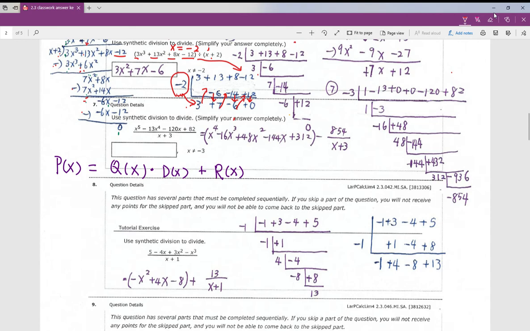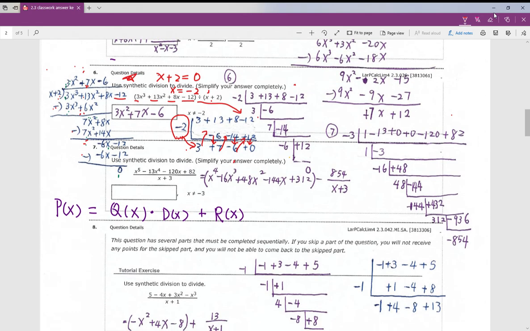And if you feel this method is kind of too hard for you, that's fine. You can compare with this one, the middle part. So this one you make an upside down division. We do the same thing, except we just don't write down x cubed, x squared, x.